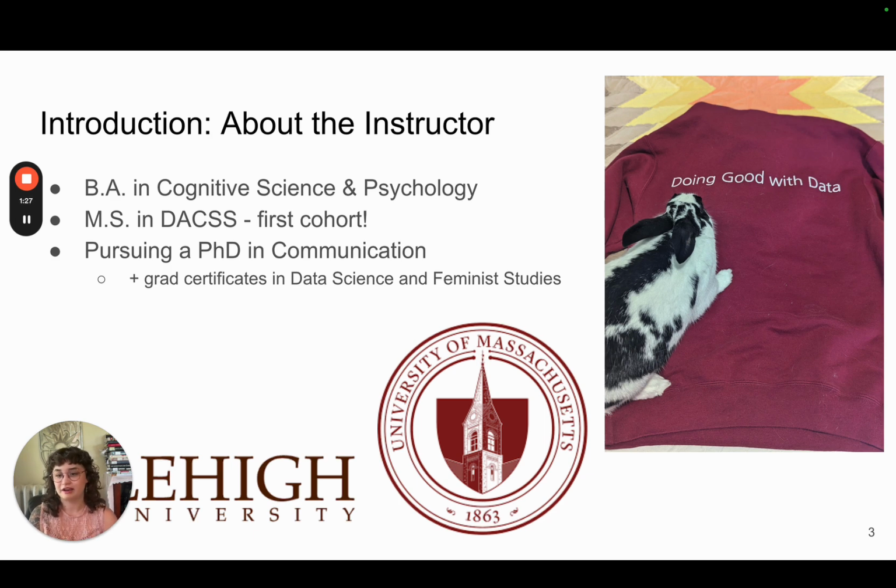So I've gone to Lehigh University, I'm here at UMass, and the little rabbit you see on the screen is George. He's going to be coming up in a lot of our examples in this course. So I'm a student just like you, but this is not my first time teaching. I've taught public speaking in the past, and I also just taught the first summer session of this course.